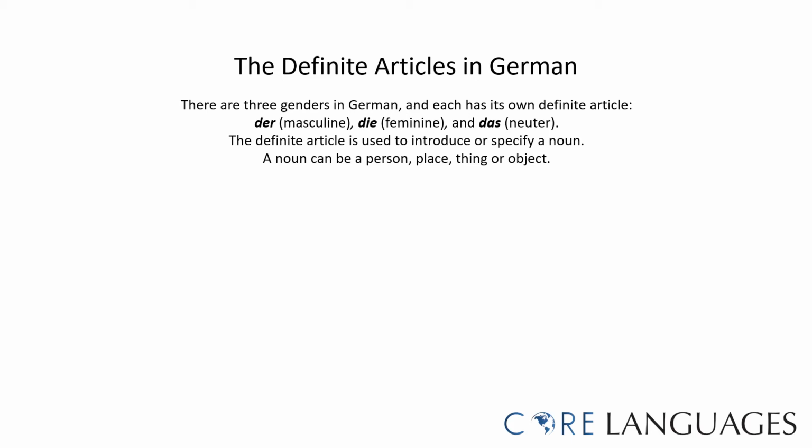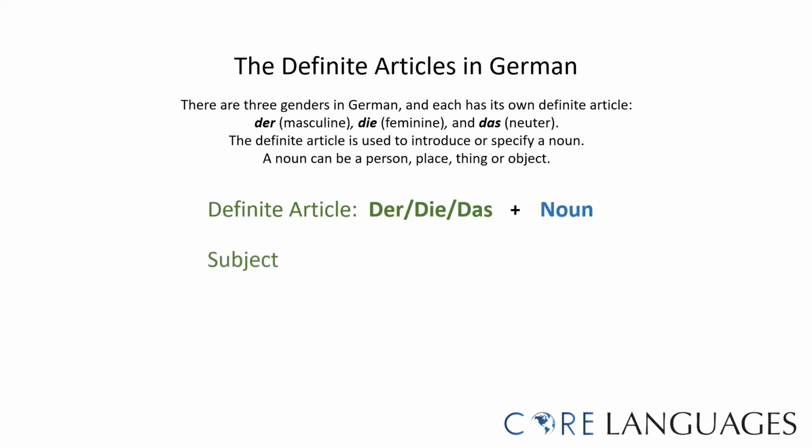The definite article is used to introduce or specify a noun, and a noun can be a person, place, thing, or object. Articles are placed before the noun. We would have der, die, or das, and then the noun.